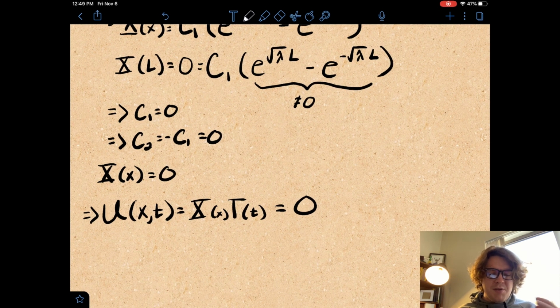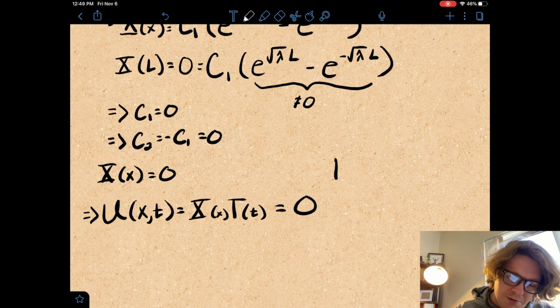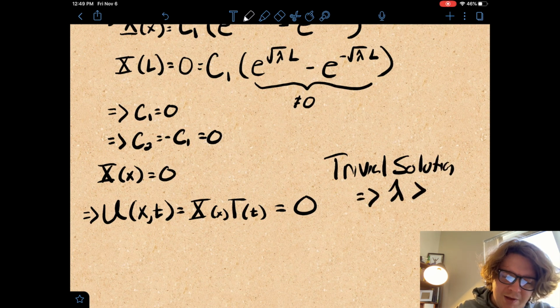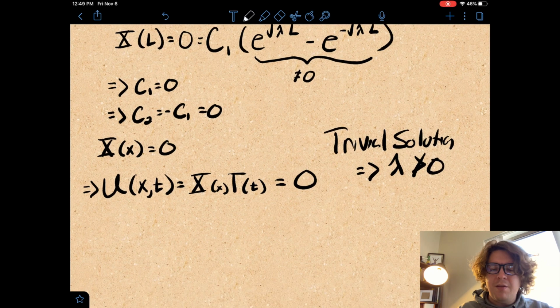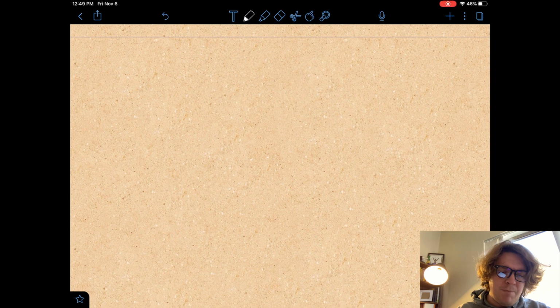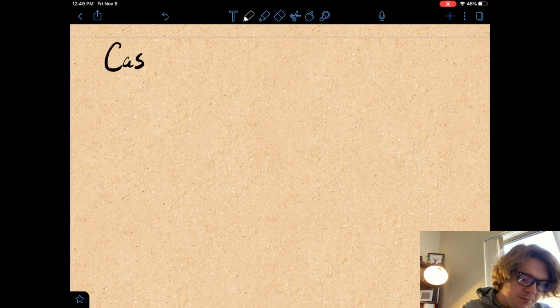There's no way that I can plug in 0 for t and leave x alone and get 2 out. So we would call this a trivial solution. And to us, that implies that lambda cannot be greater than 0. So lambda either has to be 0 or it has to be negative. So let's look at case 2.